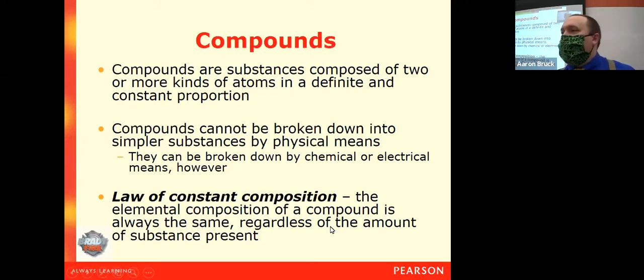Chemically, they're the same in terms of all elements, all atoms of a given type of element are the same. All molecules of a given compound are the same. But what separates the two from each other is how many different types of elements are present. A compound, I have to have two different elements at minimum. Element, I'm just going to have the one kind.